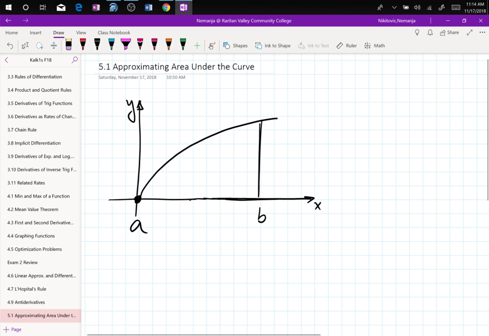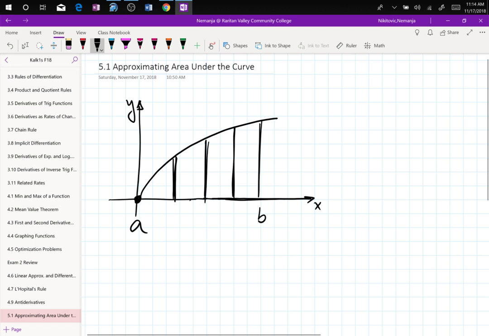What I can do is divide the area with these vertical partitions, and then turn these partitions into rectangles.